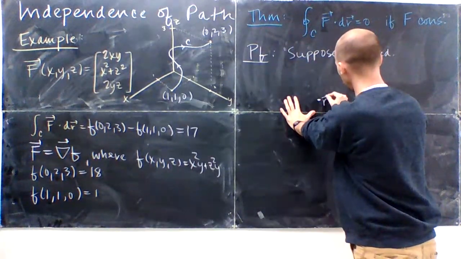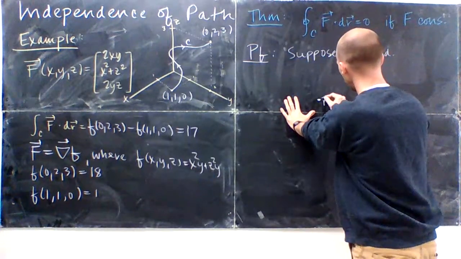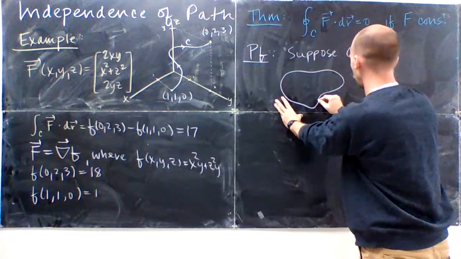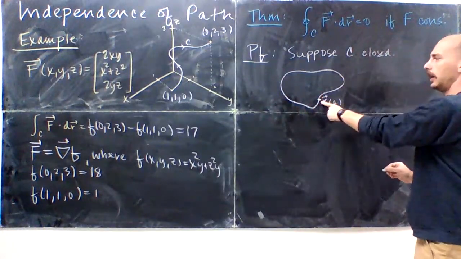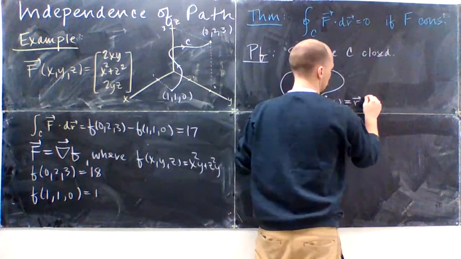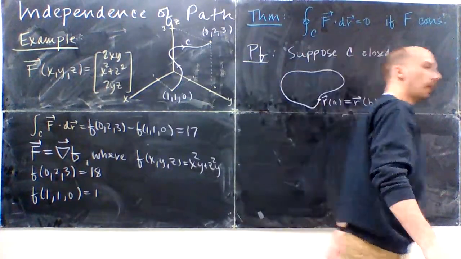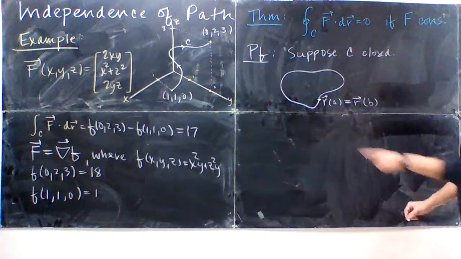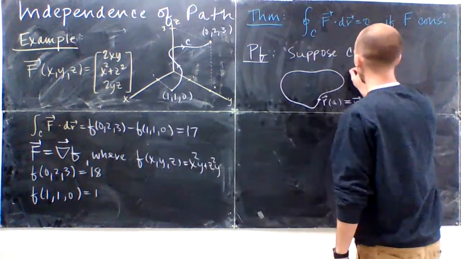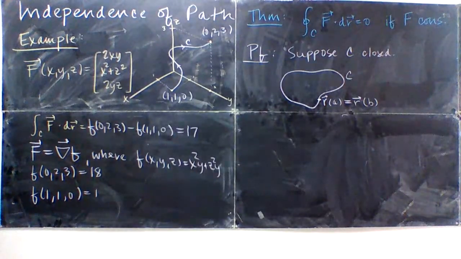We're going to start at A and let this thing do whatever it's going to do, but the fact that it's closed means that the ending point is the same as the beginning point. And so A to B is going to be the t values that I'm going to parameterize this curve C with.